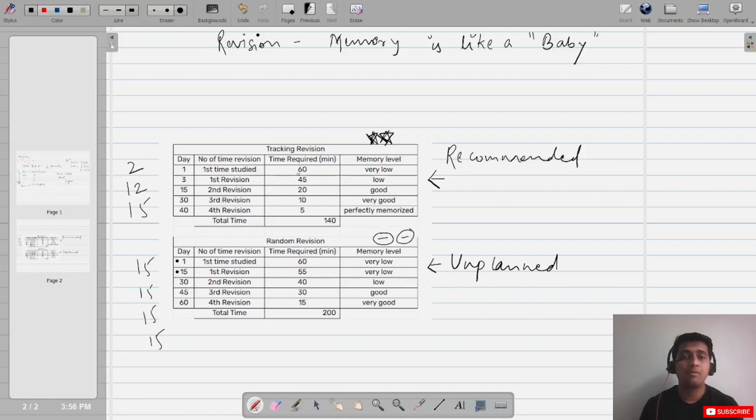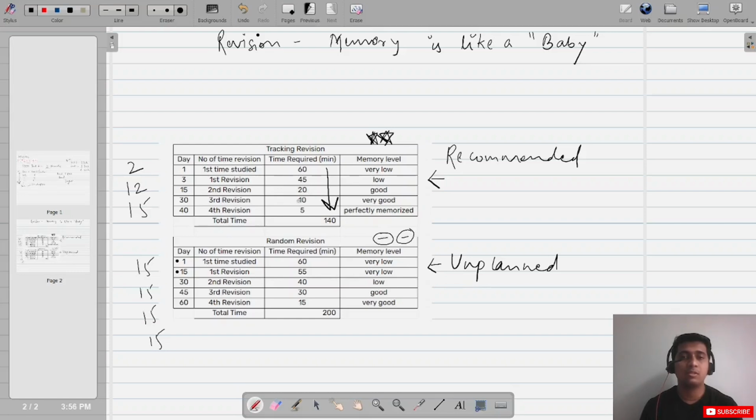There is one more benefit, which is the time required to revise. When you revise frequently in the initial days, on day 1 and 3, within 15 days we have already revised twice. But here, on the 15th day, it's the first revision. So initially you need frequent revisions, then you can go to a normal pace. And as you go down, the time required gets reduced.